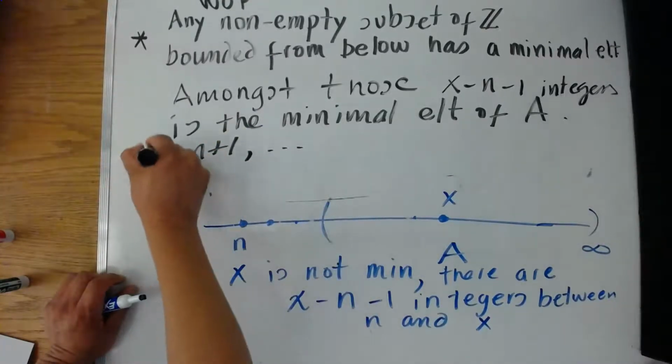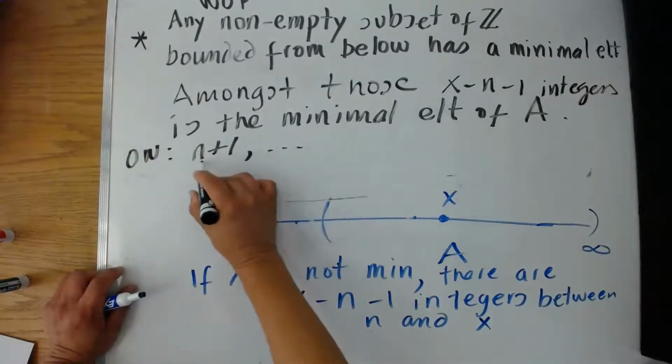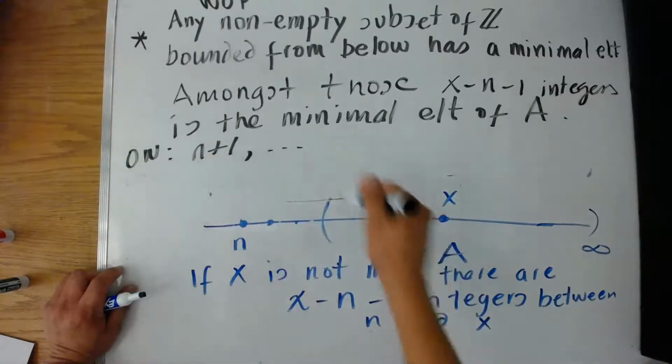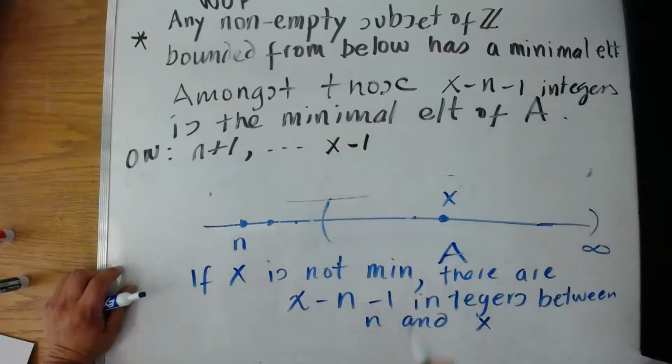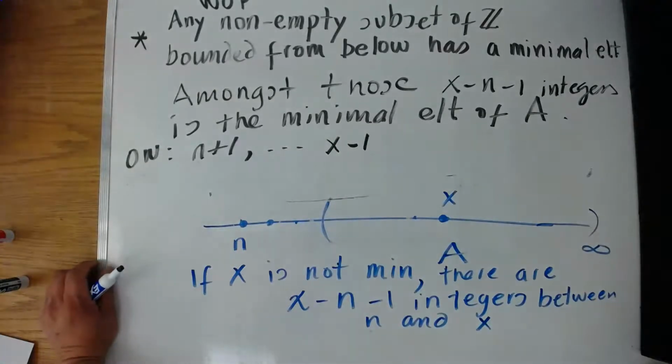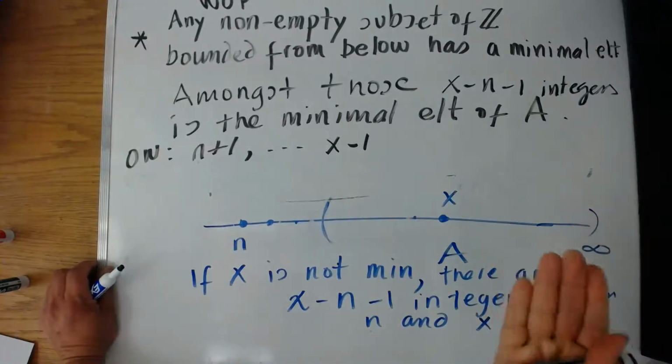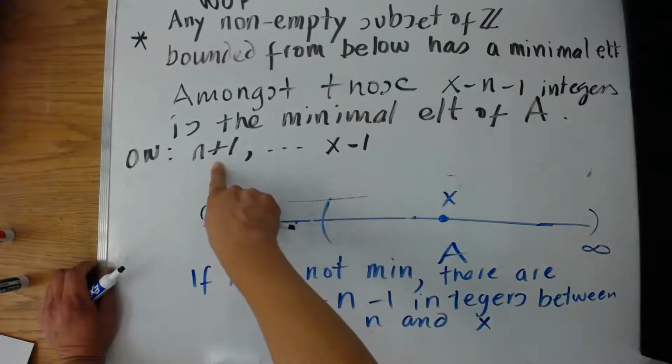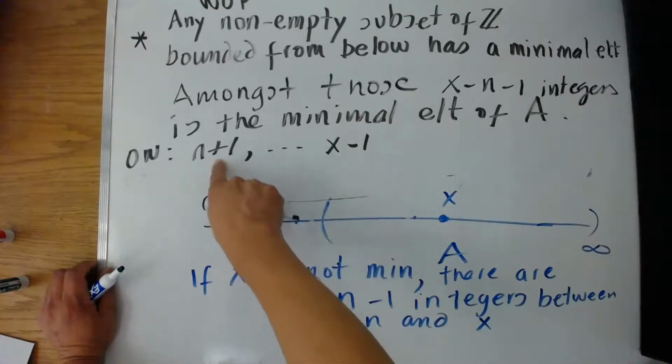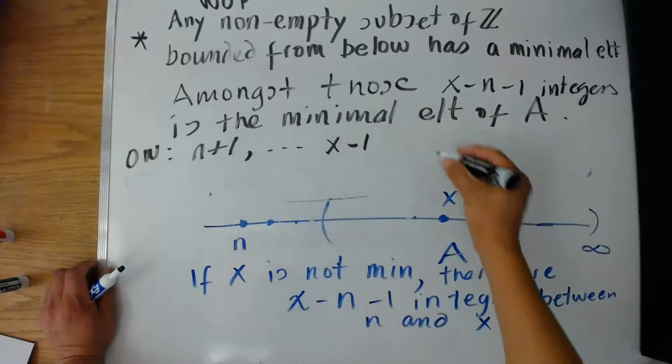So otherwise, what would happen? From n plus 1 all the way to x minus 1, if they're not minimal elements, that means there will be some other element in A that's not above some of these.